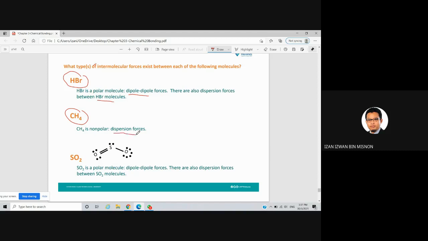It will only have dispersion force. The third one, sulfur dioxide. Sulfur dioxide is also a polar molecule. It will have both dipole-dipole force and dispersion force between SO2 molecules. So this is just an example. Let's say in your test later on, you will be asked to identify the forces that occur in the molecule itself.